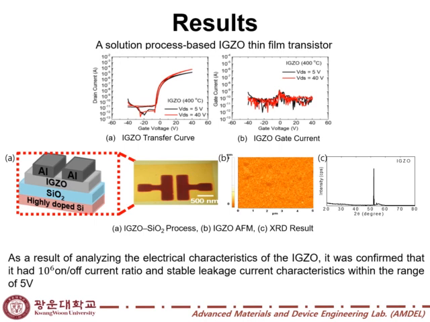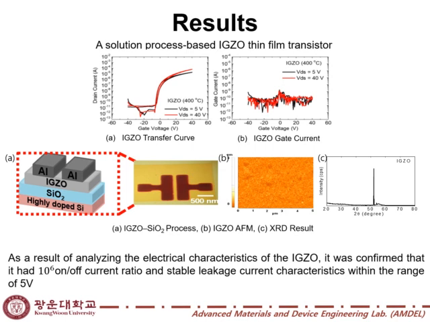In addition, looking at the figures below, A is the process of the SiO2 insulating film-based IGGO thin film transistor, B is the AFM image of IGGO, and C is the XRD result.